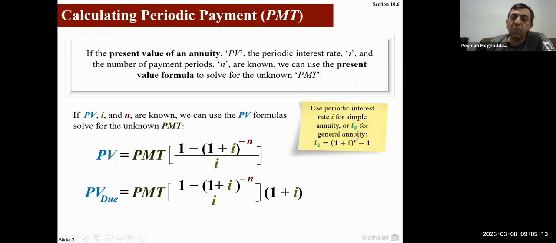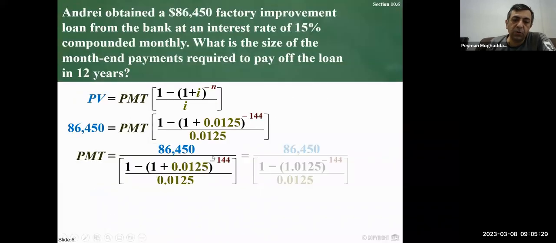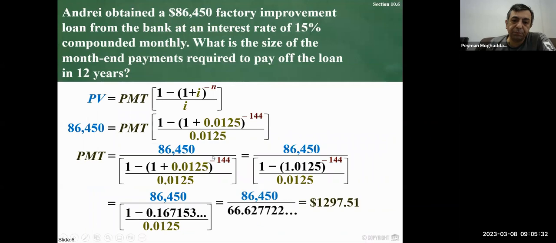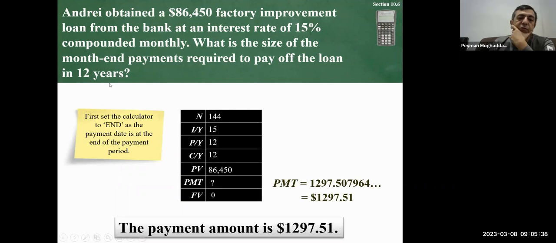I2 is 1 plus I to the power of C, minus 1, where C is the compounding frequency of your interest rate divided by the number of payments per year. Using the calculator is very easy. If you know how to use it, these questions are very easy to answer.